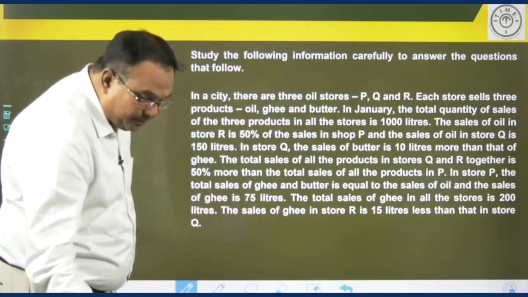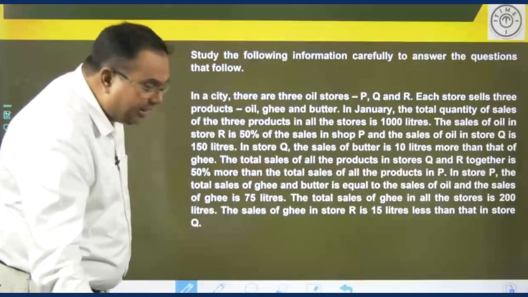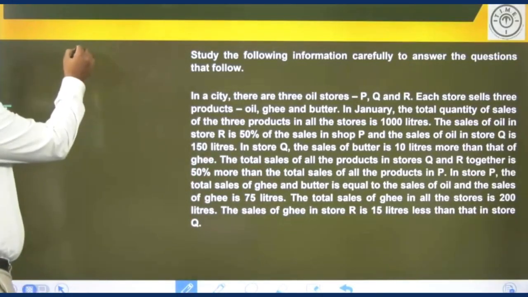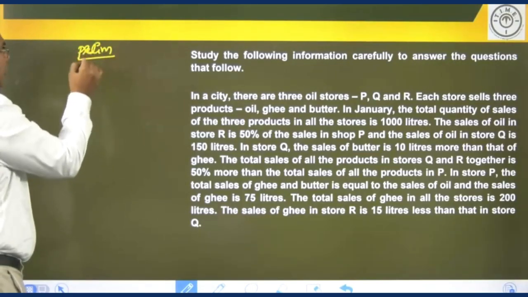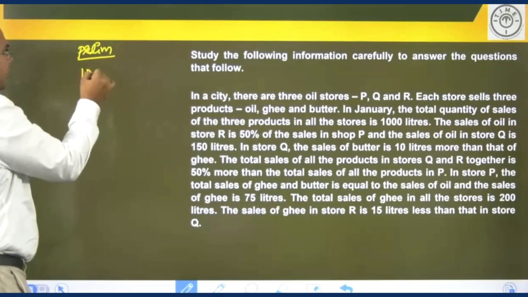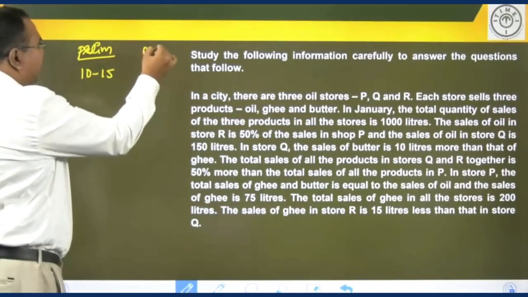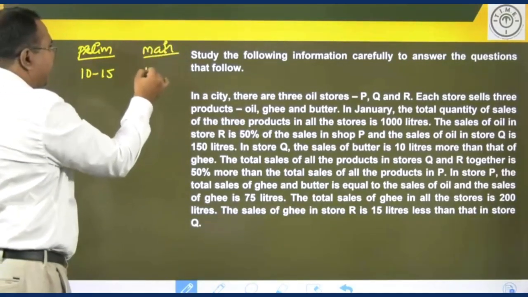Before we start, all of you are aware that the weightage of DI in the PO prelim exam is about 10 to 15 questions, and in the main exam 15 to 20 questions.